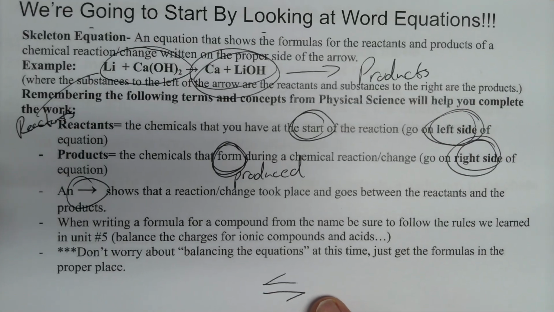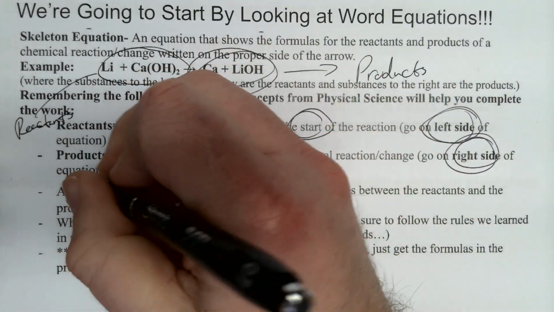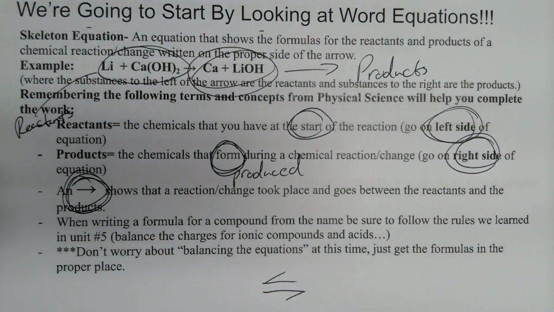But everything that we're going to do, we're going to use this type of arrow here, an arrow just pointing off to the right. That's what we're going to focus on. Now, these terms, like I said, should be familiar to you. The further you are away from 8th grade science determines how quickly you're going to remember: my reactants on my left-hand side, what I start with, and my products on my right-hand side, what I produce or what I form. But, a little bit of review.